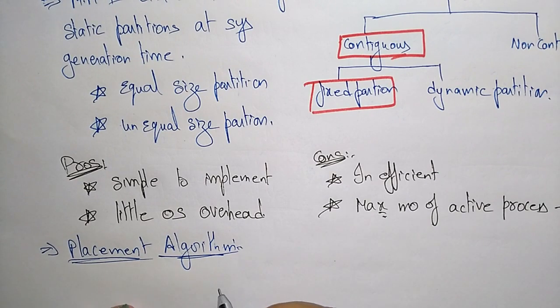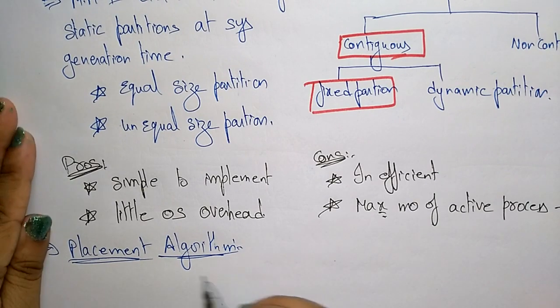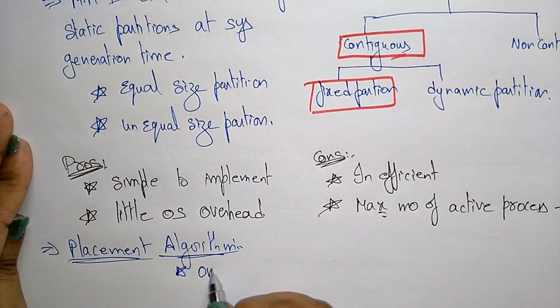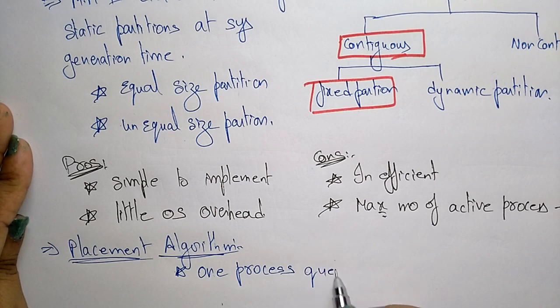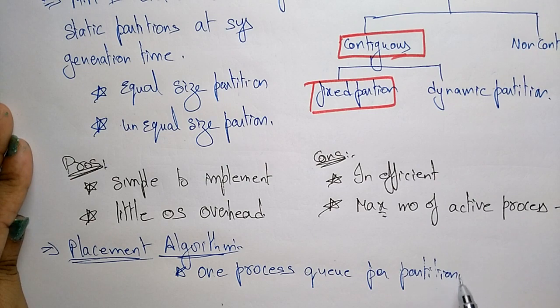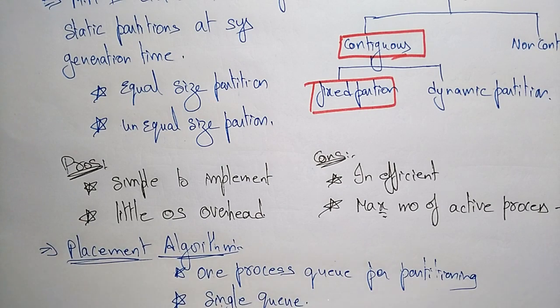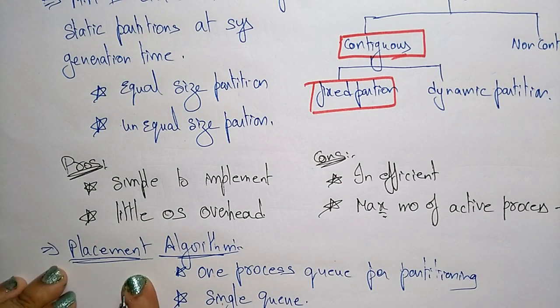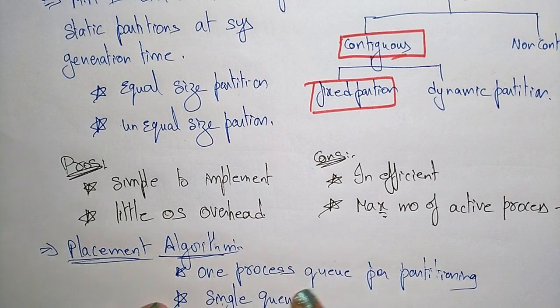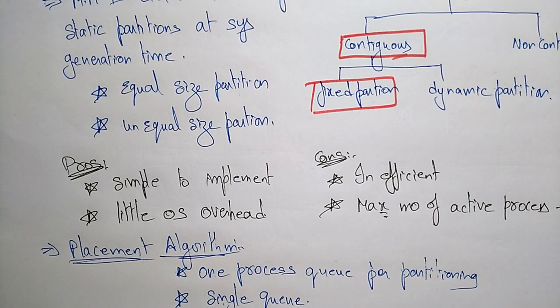Instead of using multiple queues, you can go for a single queue. Placing the process this way is called the placement algorithm.